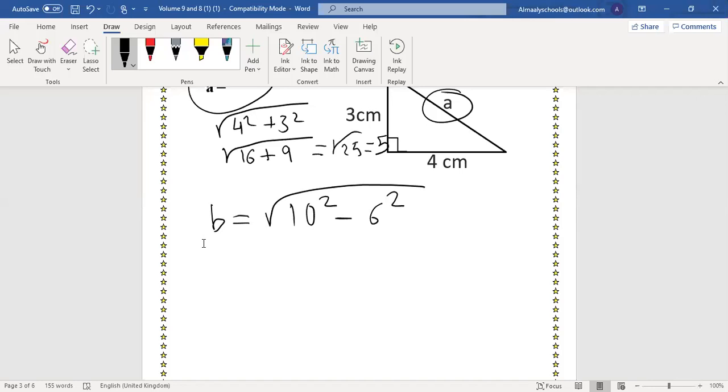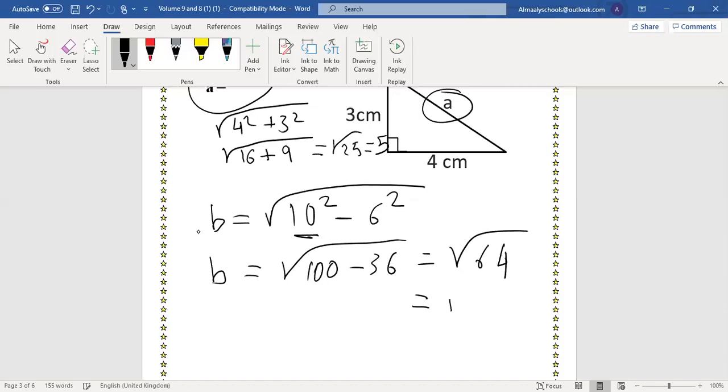So 10 is the hypotenuse, and it will be 10 power 2 minus 6 power 2. So the missing side B of the base equals the square root of 100 minus 36, which is the square root of 64, which means 8 centimeters.